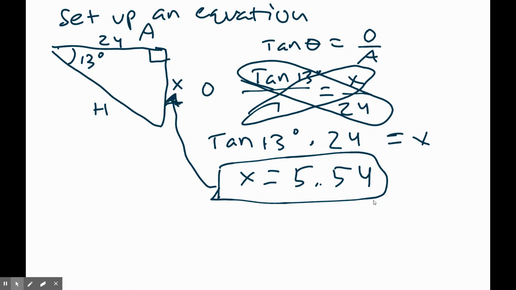Now let's look at another example where x will not be in the numerator. So we are given the right triangle right here. We're given 10 and x. And our theta right here, which is 20 degrees. That's all given in this problem.